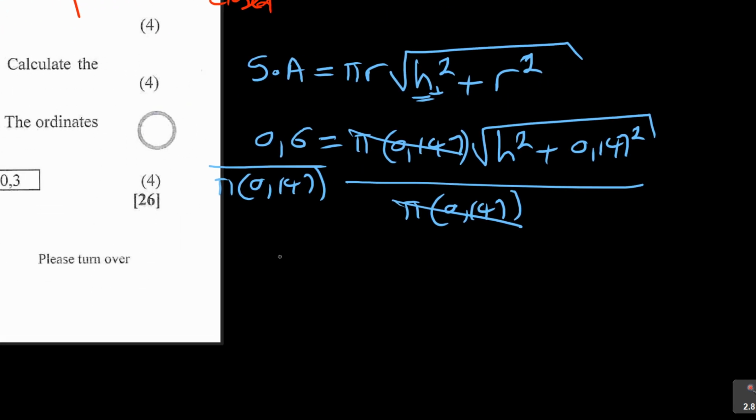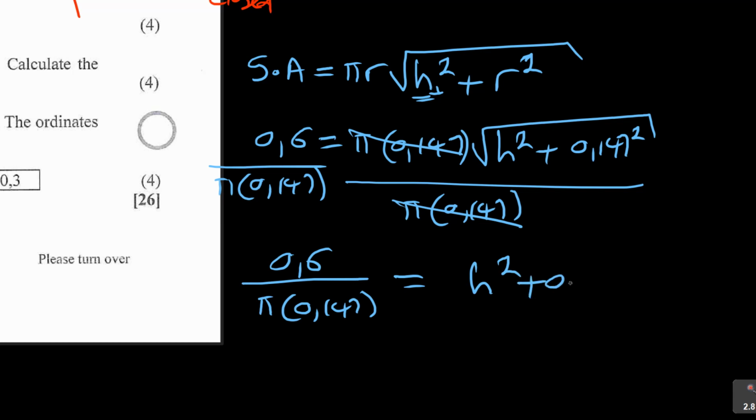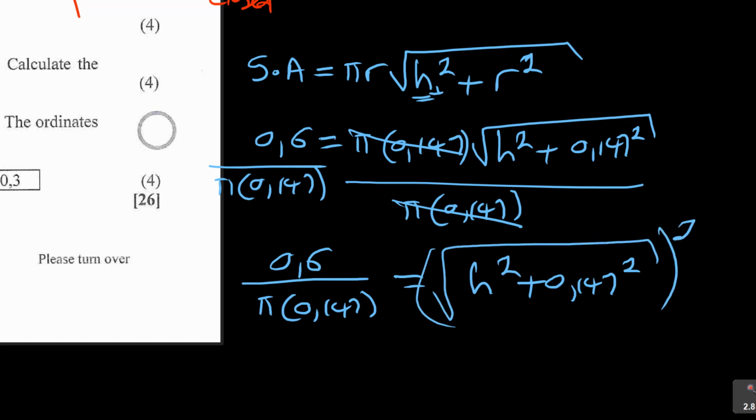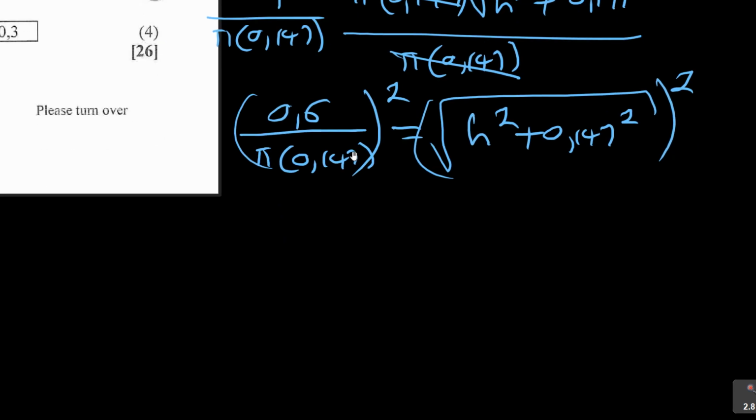So that you've got 0.6 over pi 0.147, you're more like doing the subject of the formula, is equal to the square root of h squared plus 0.147 squared. Remember, this is a square root. So what you do, you square both sides now. That's how you get rid of the square root, okay? So you continue.